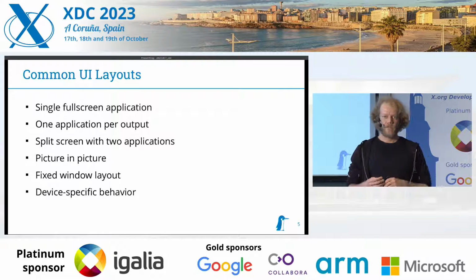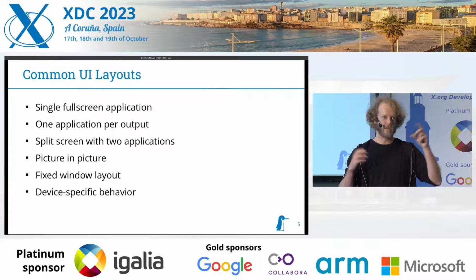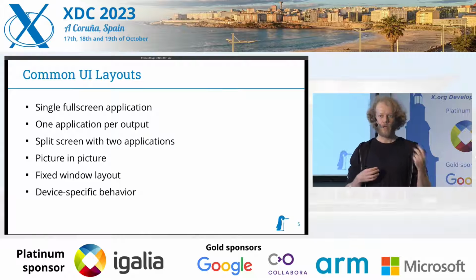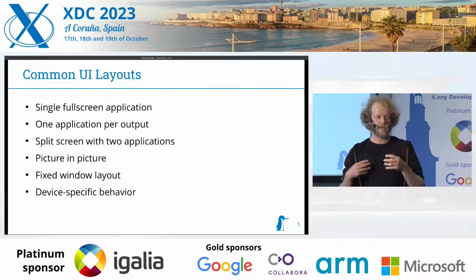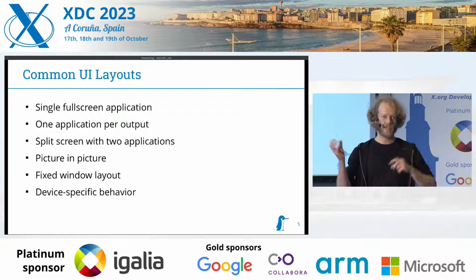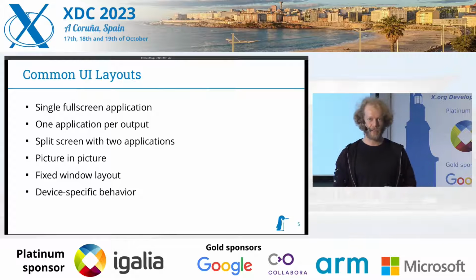Or you have something more complex, like some certain fixed setup where you have multiple applications on certain places on the display, or even more device-specific behavior that moves the windows around when a new application appears or disappears, so it changes the display, the window layout depending on the applications that are running.